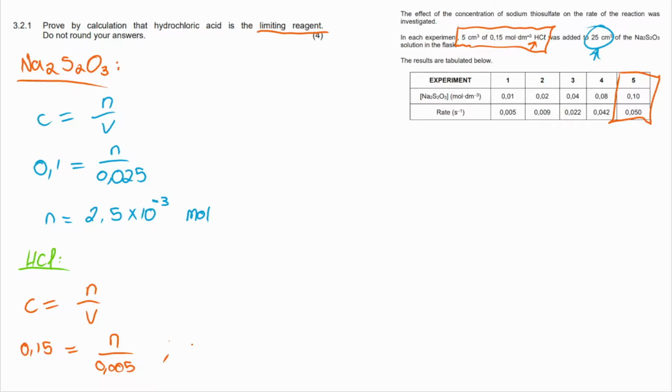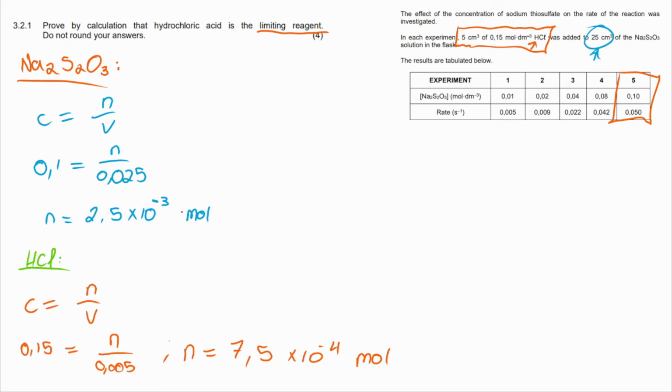When we solve that, we get n is equal to, again a small number, 0.15 times 0.05. That gives us 7.5 times 10 to the minus 4 mole of hydrochloric acid. Now that's our first step where we find the moles.